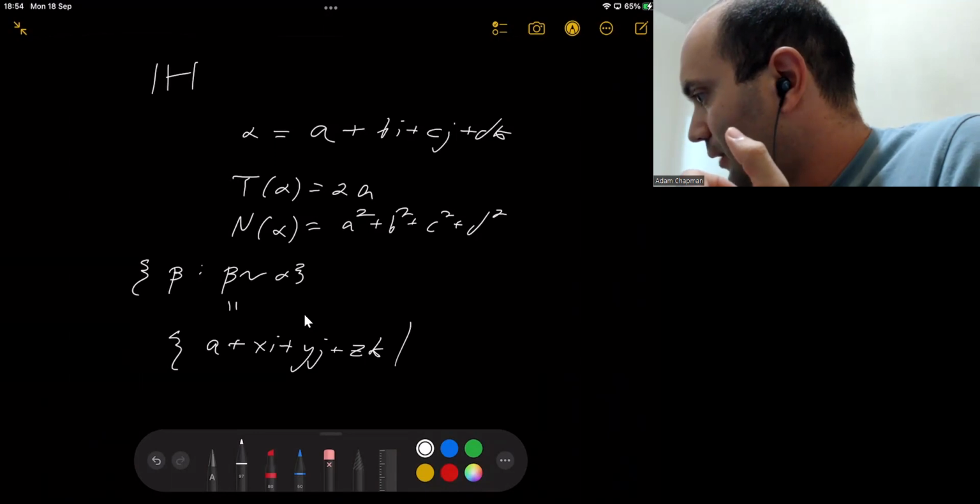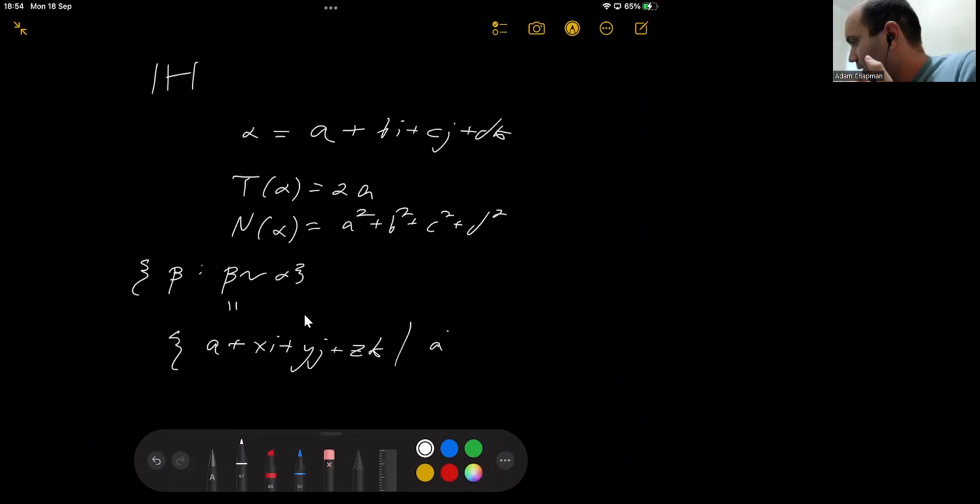a squared plus x squared plus y squared plus z squared is equal to a squared plus b squared plus c squared plus d squared.